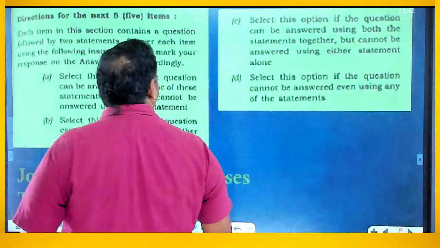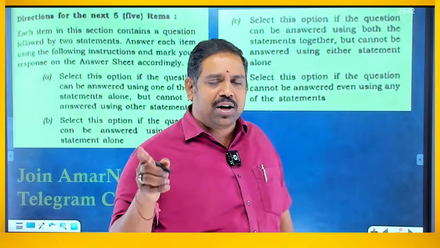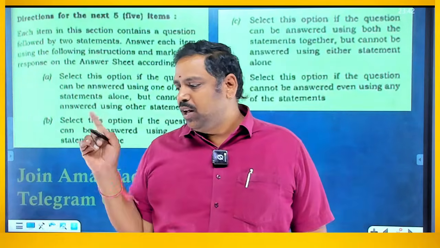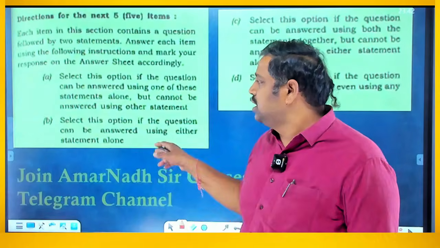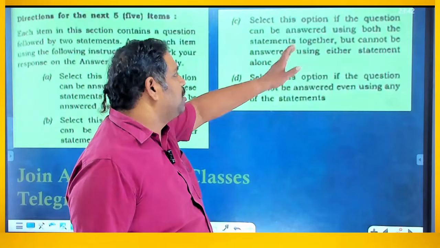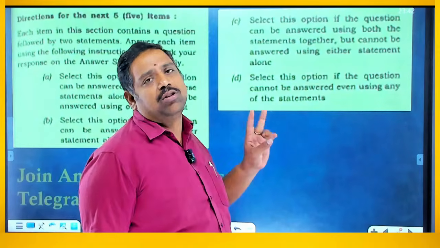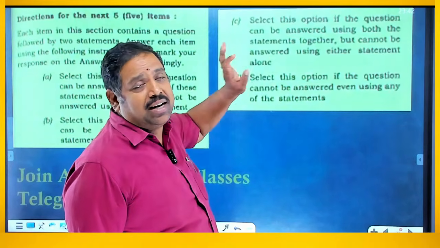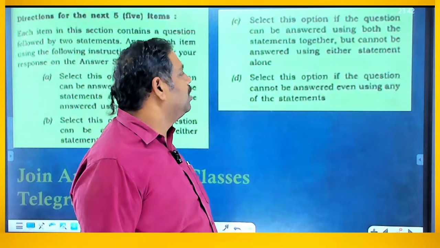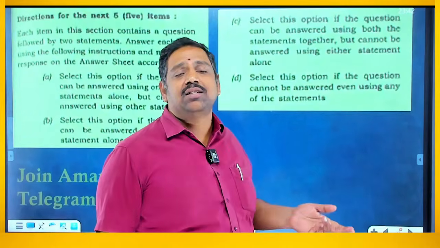Third, select this option if the question can be answered using both statements together, but cannot be answered using either statement alone. A single statement alone is not sufficient; both together are required to answer the question. Fourth, select this option if the question cannot be answered even using any of the given statements. Even with both together you're unable to answer, and additional data is required.